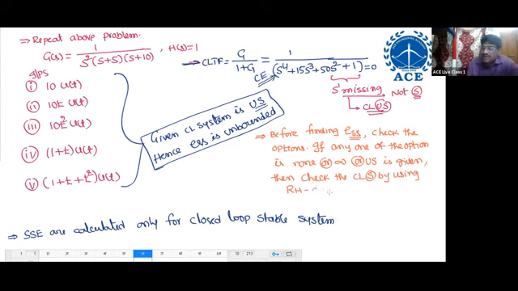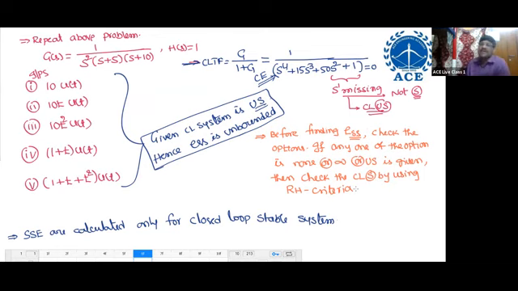Be careful whenever they give a question on steady state error; it is very easy. If you observe time domain analysis, 30% of the questions in GATE and IES are on steady state errors. Mainly two topics are important in time domain analysis: one is time domain specifications, the second is steady state errors. Steady state errors are very easy, but many students make mistakes.